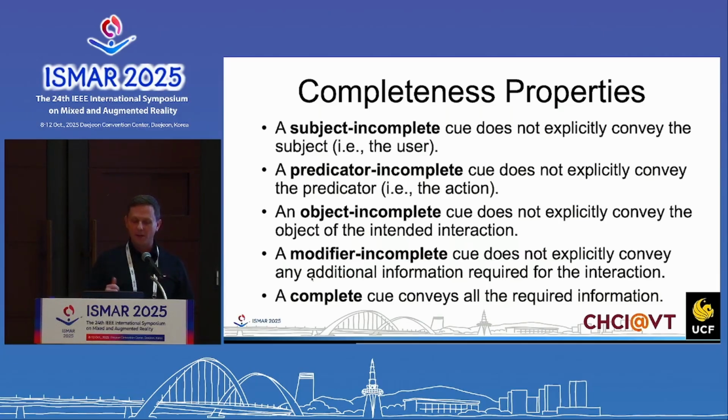We have predicator incomplete cues that do not explicitly convey what the action should be. Object incomplete cues that do not explicitly convey what the intended object to act upon is. Modifier incomplete cues that do not convey exactly how the interaction should be performed. But if you have a cue that satisfies all of the functional grammar roles within your intended interaction, you now have a complete interaction cue, which is the goal.